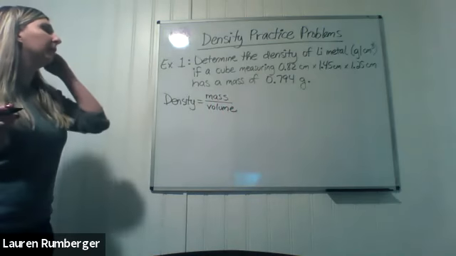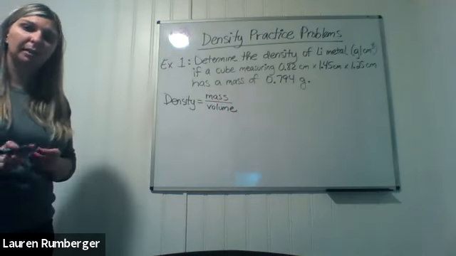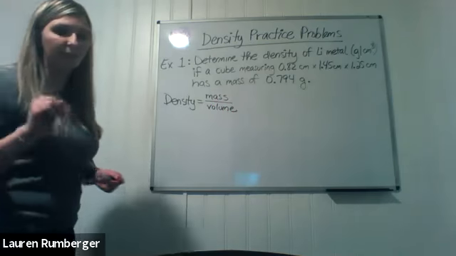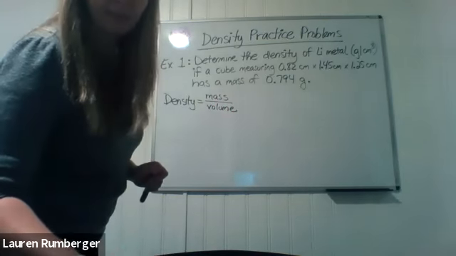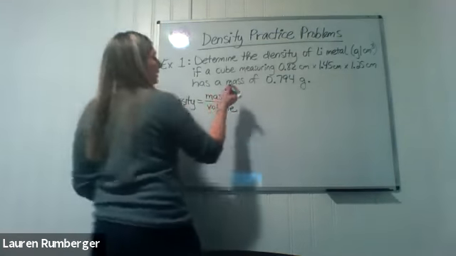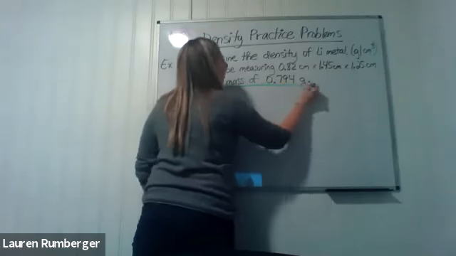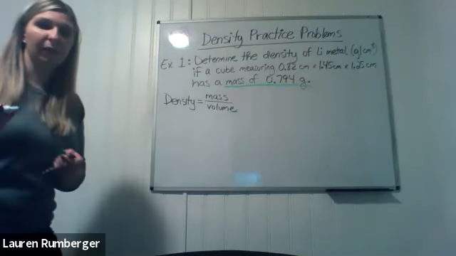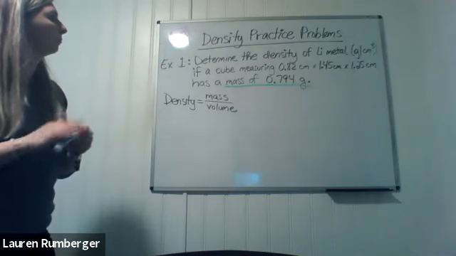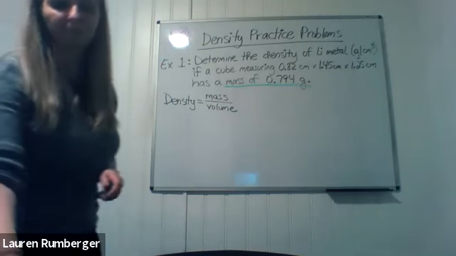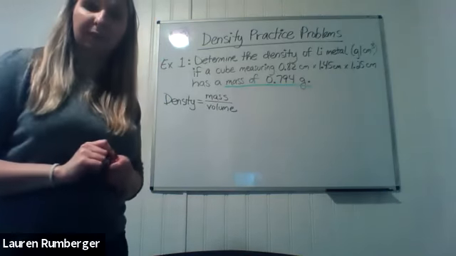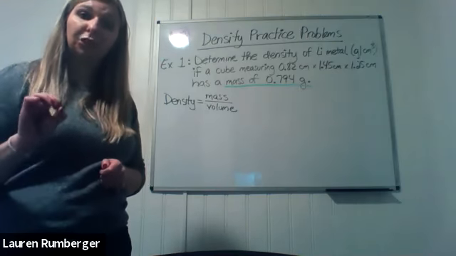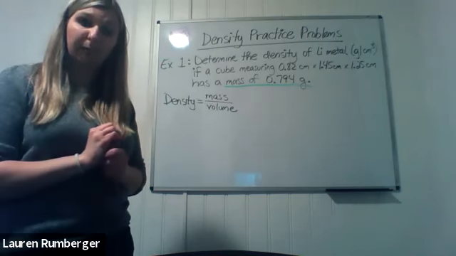Okay, now what is given in the problem? We are given that the lithium metal has a mass of 0.794 grams. Now, what else is given? We are given the dimensions of the piece of metal.